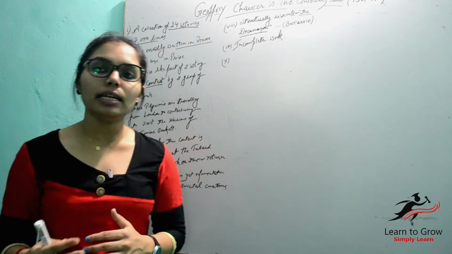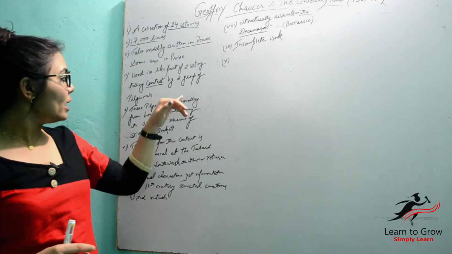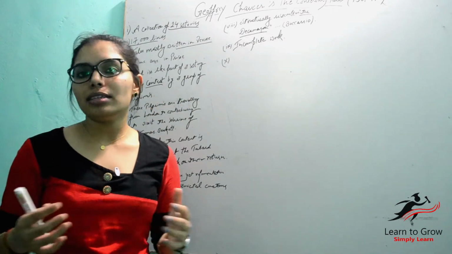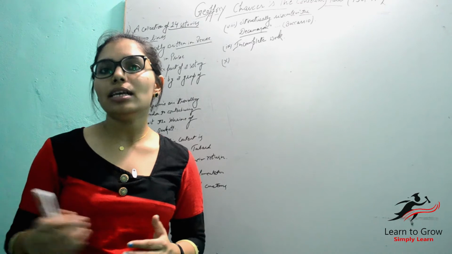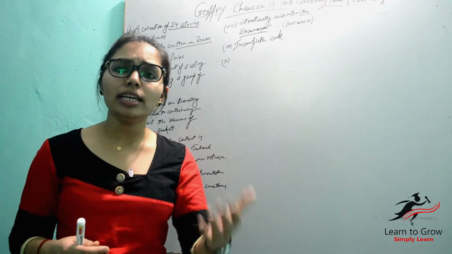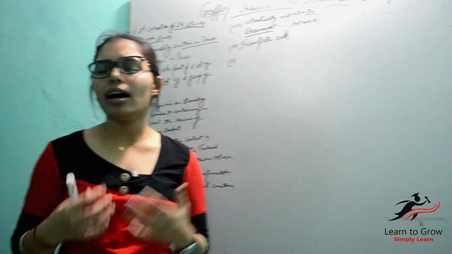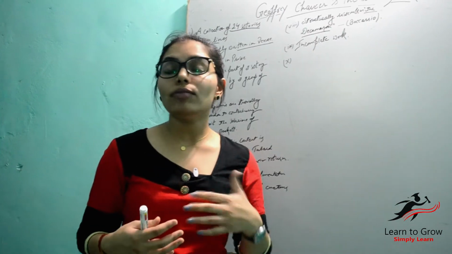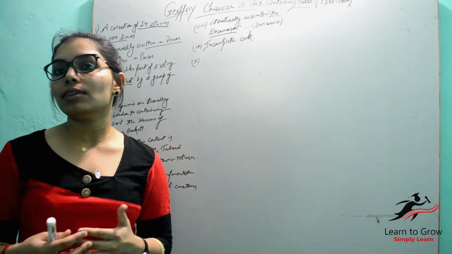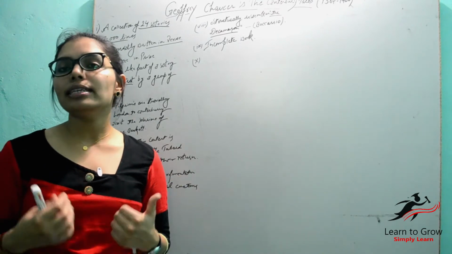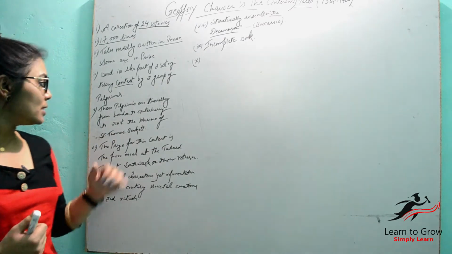This group of pilgrims organizes a contest, because if you are going somewhere and your journey is very lengthy, you would think of organizing something. You would think how we can spend our time so that we can easily reach our place with a great heart and a relaxed mind. So they organize a contest among themselves.